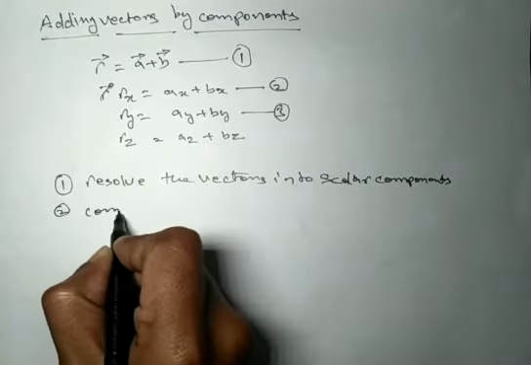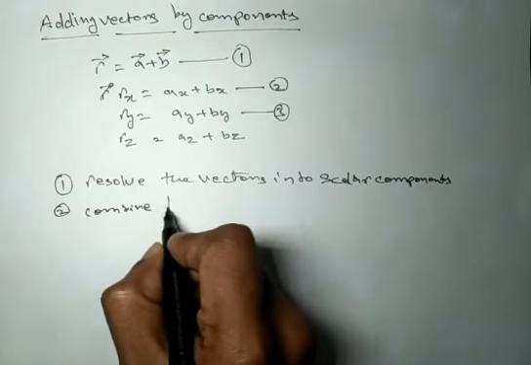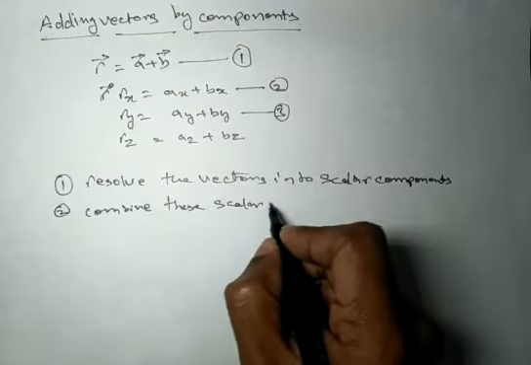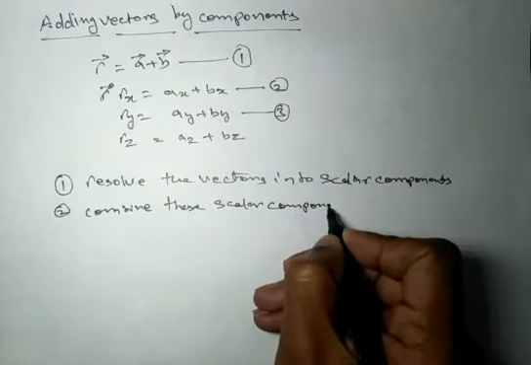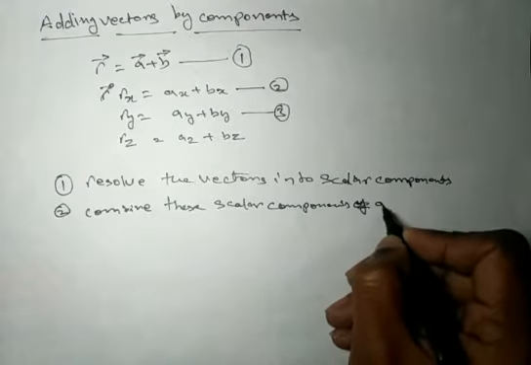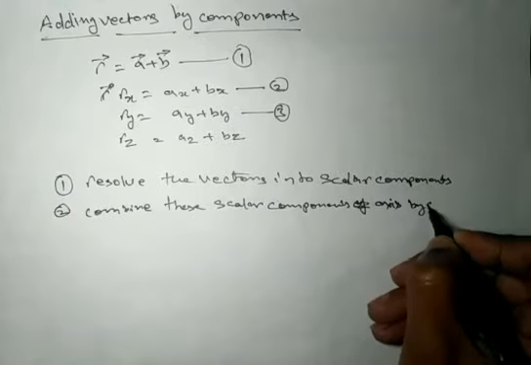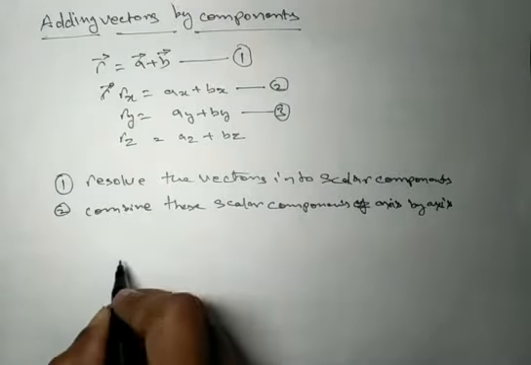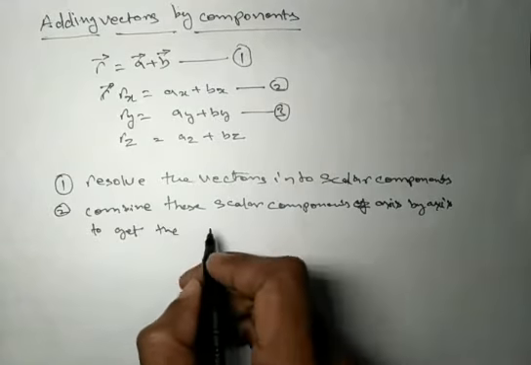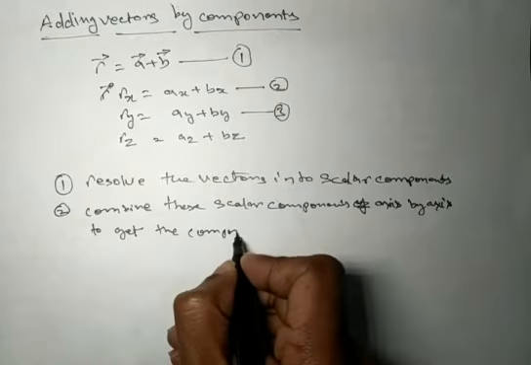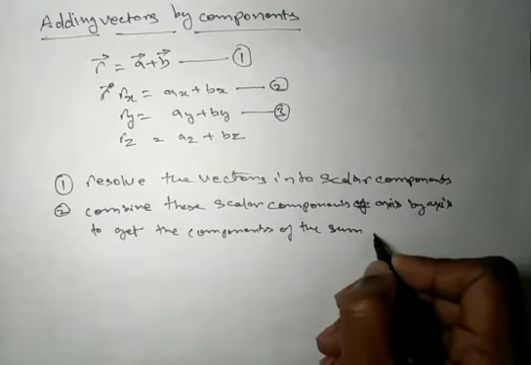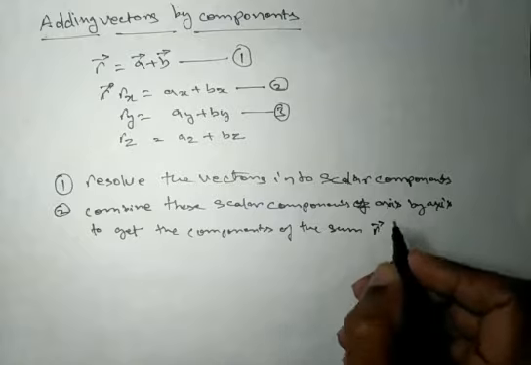So combine these scalar components axis by axis to get the components of the sum of vector r.